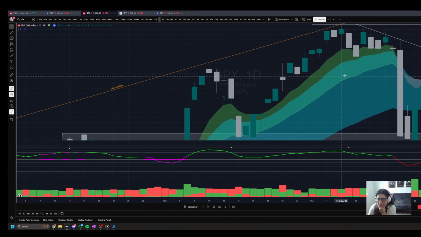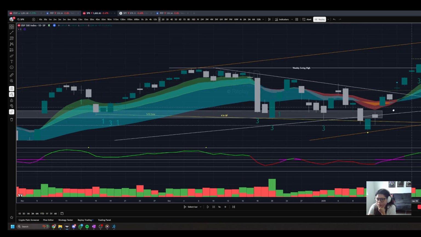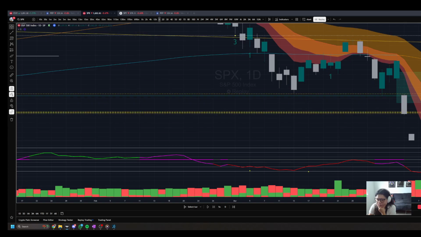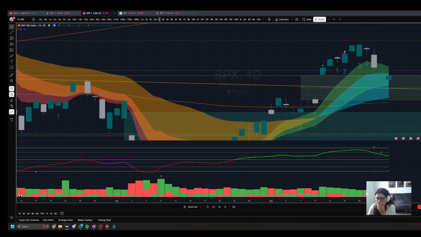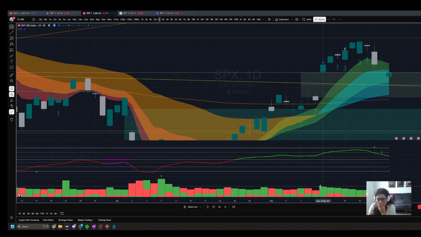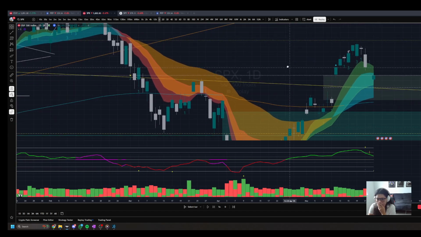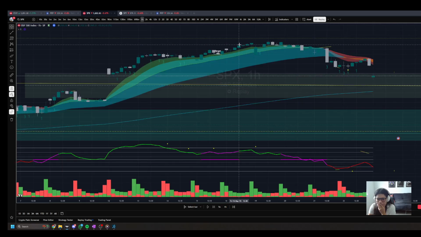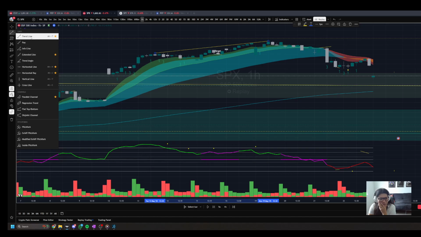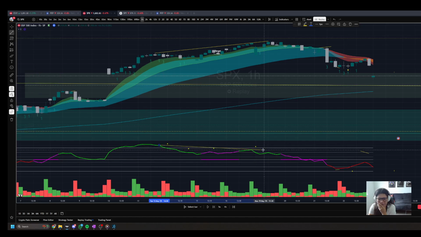For example, look right here on the hourly, we were making higher highs, and then the oscillator wasn't.